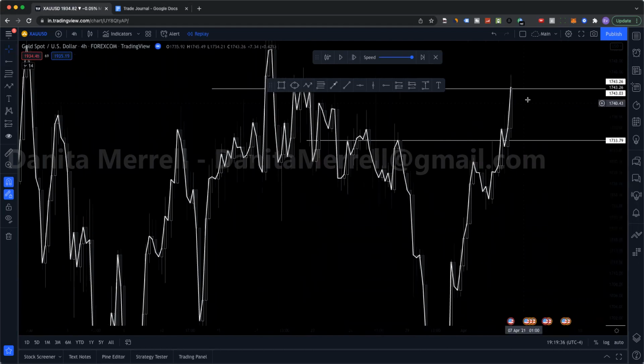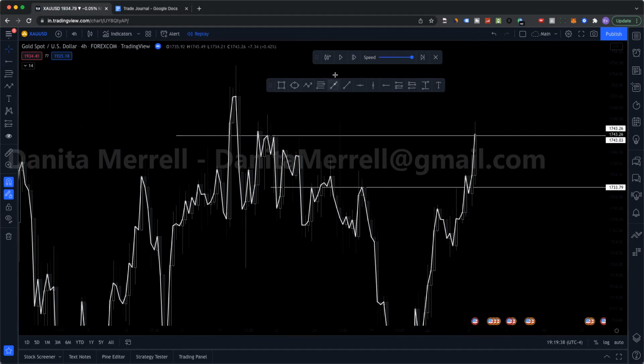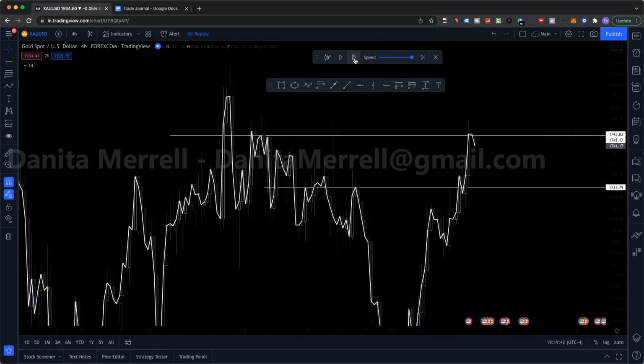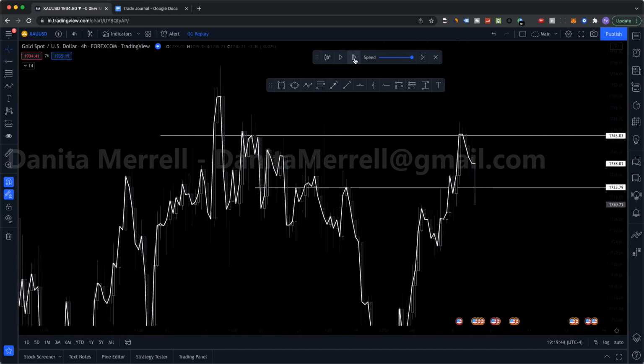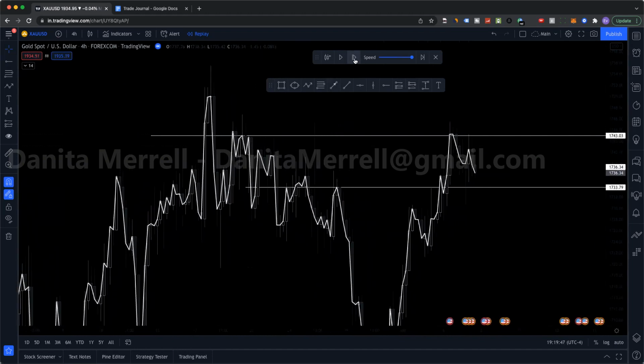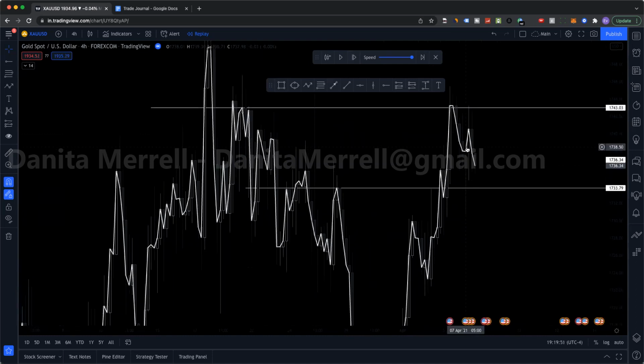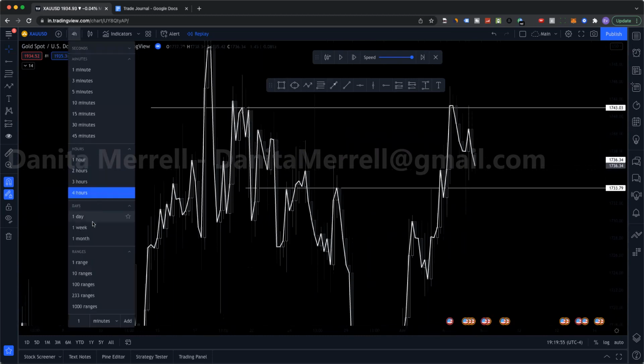Okay, now we're at our next level of daily resistance, still holding the trade from before. Okay, we're starting to break the structure on H4, right? So H4, we go back to our daily.